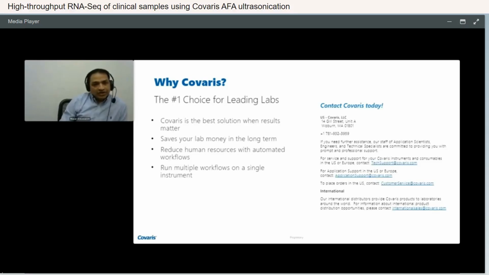Also, Covaris instruments coupled with consumables and reagents are easily integrated in many NGS workflows, thereby easily meeting current and future high-throughput needs. We are working towards a holistic sample prep solution here to solve all your sample prep challenges.